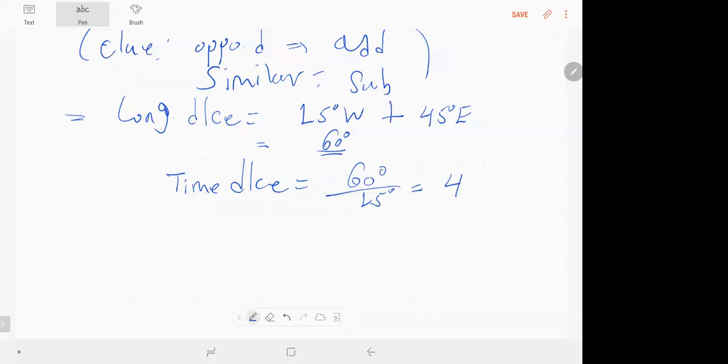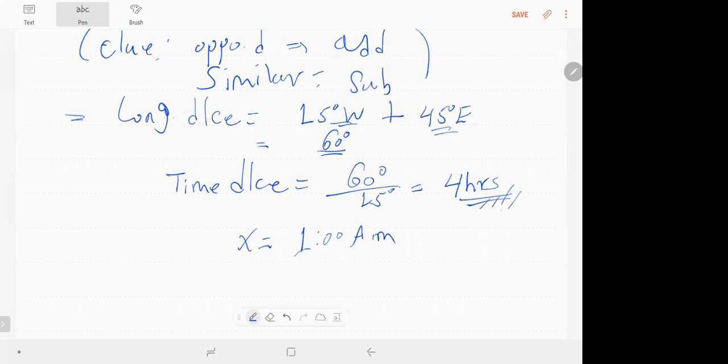It is 4 hours. That means place X located at 15 degrees west and the location of Y at 45 east have a time difference of 4 hours. That means if the time for X is 1 a.m., then the time for Y is how much?